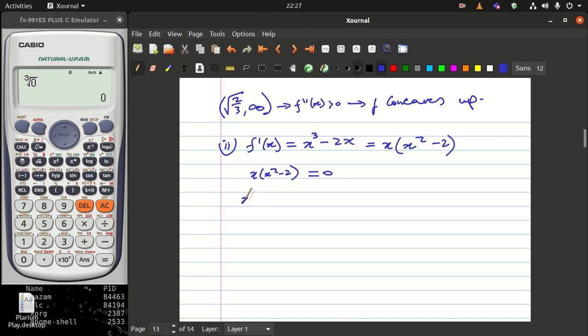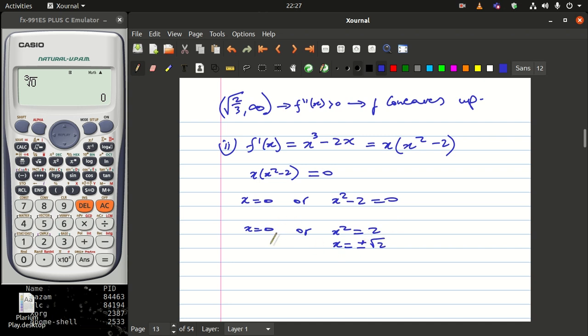In other words, I either have x equal to 0 or x squared minus 2 equal to 0. So x is equal to 0 or x squared is equal to a positive 2. I take the square root on both sides, so I'll end up having x equal to plus or minus the square root of 2.